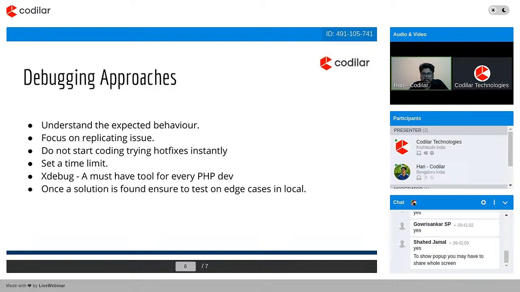This is where Xdebug comes into play. Xdebug is a tool which is used to stop PHP execution or add a breakpoint. I'm sure most of us would have heard about Xdebug, but I'm not sure how many of us are using Xdebug in general.